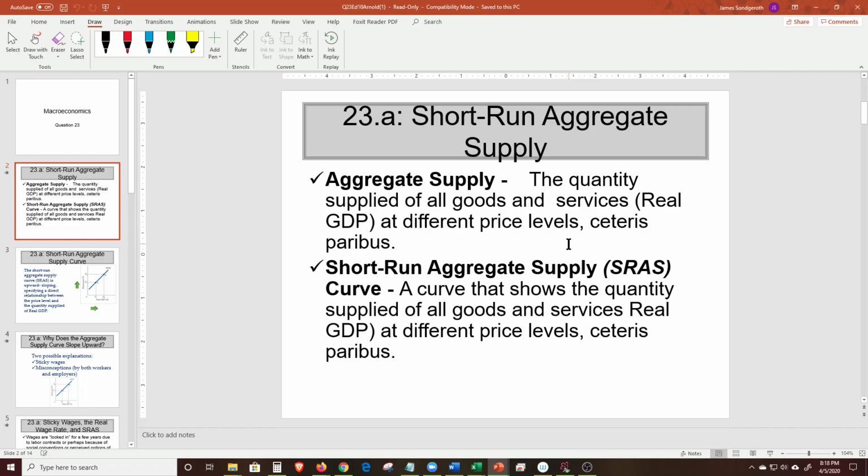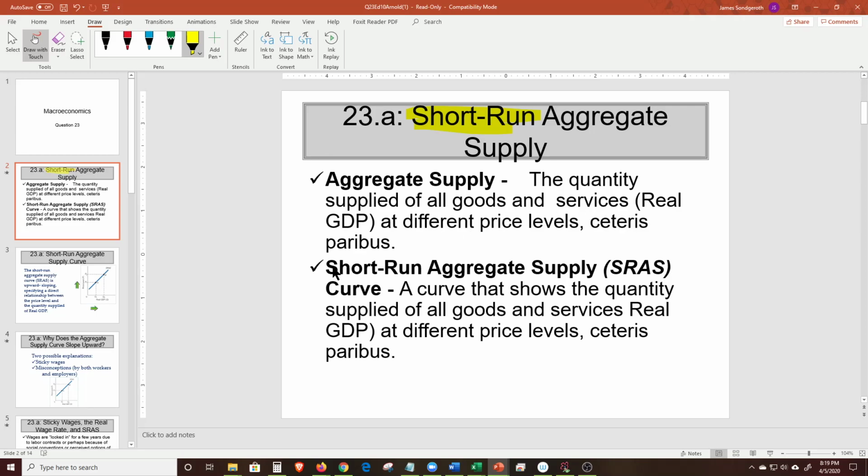So here we go. Now we're doing the short run aggregate supply curve. And this is important, short run, because we'll want to do the long run later. In general, aggregate supply is a quantity supplied of all goods and services at different price levels, ceteris paribus, that is, the real GDP supplied.